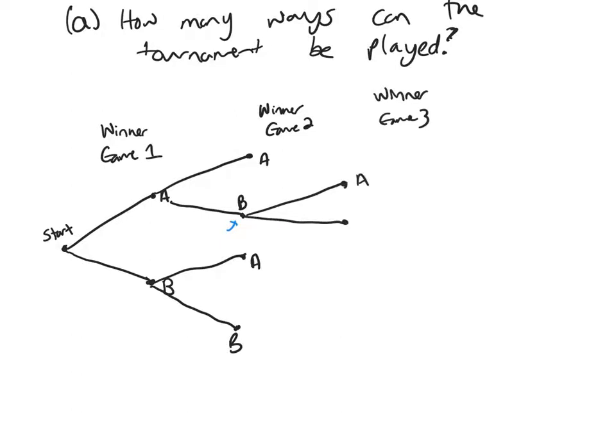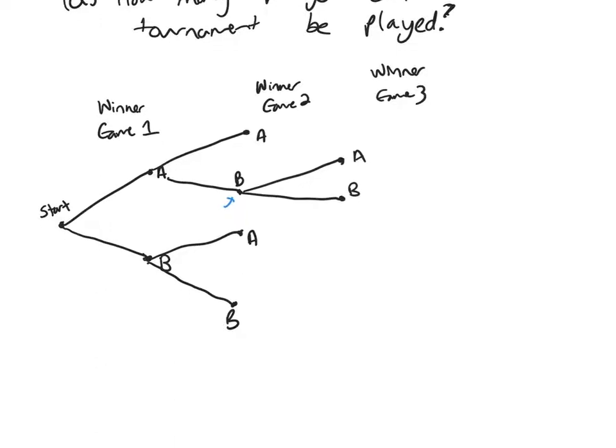Either A wins or B wins. And then the same thing on this path right here, each team has won once. So there would have to be a game 3, and either A wins or B wins. And in this last case, down here, B has won twice in a row, so the tournament would be over.